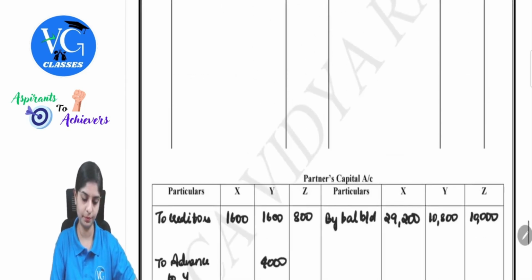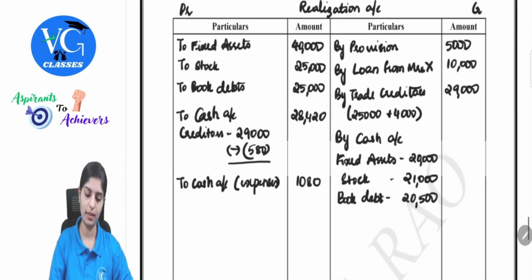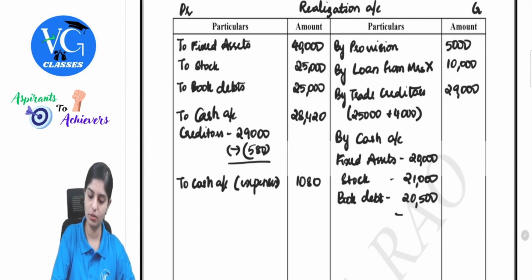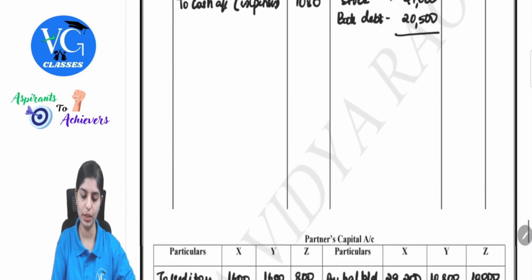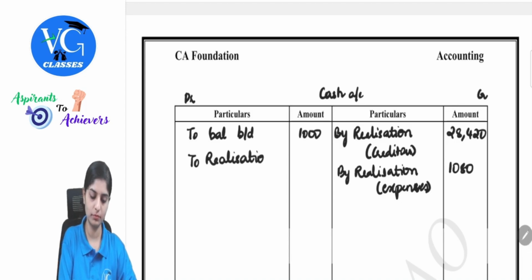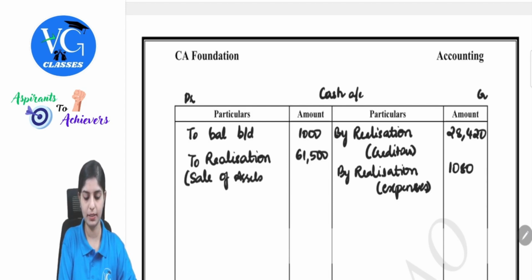Then we had all the assets realized, 20,000 plus 21, 20,500. So this is 61,500 by cash to realization. This is sale of assets.